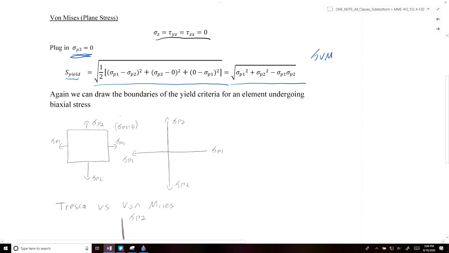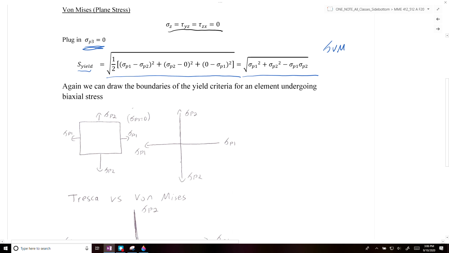Alright, so if we use this equation, we can create another plot just like we did for the Tresca yield criteria. So we have intercepts in the cases of uniaxial tension or compression, where these will be our yield strength points.